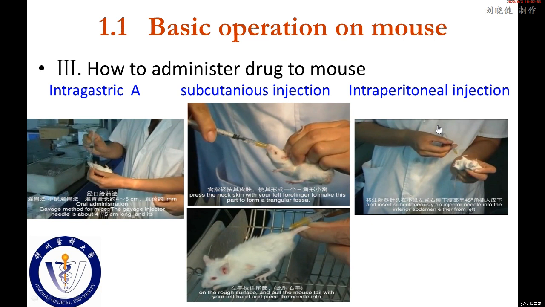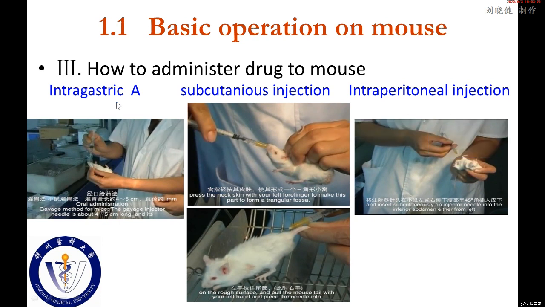So different routes of administration will affect the maximum concentration of the drug in plasma and the peak time, Tmax and Cmax. Do you remember these pharmacokinetic parameters? If you forget, please review.